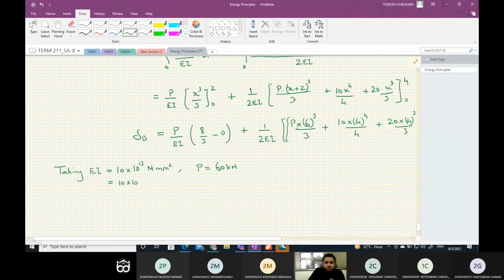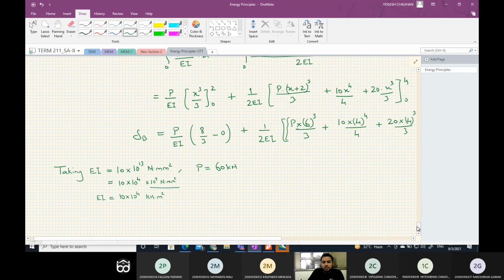So 10 to the power 6 and 10 to the power 3 means 10 to the power 9 Newton mm square. So we can write this as 10 into 10 to the power 4 kilonewton meter square. This is your EI.